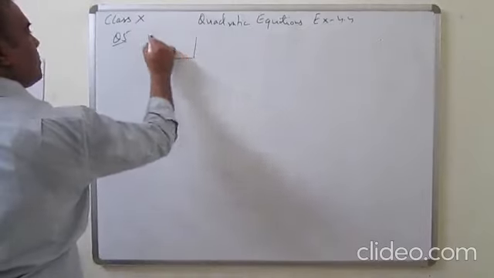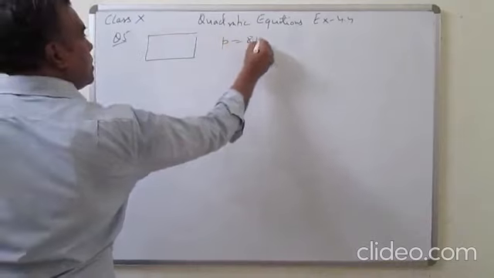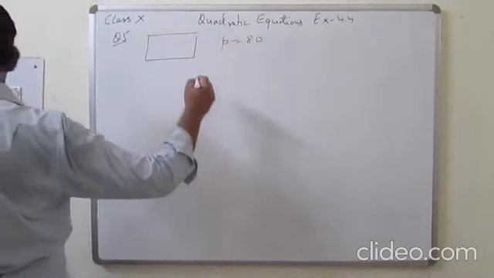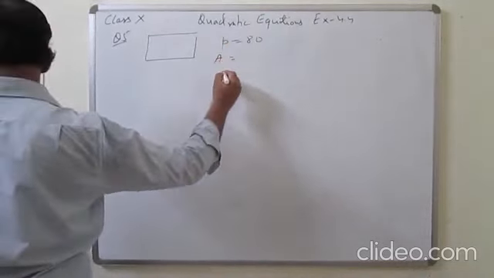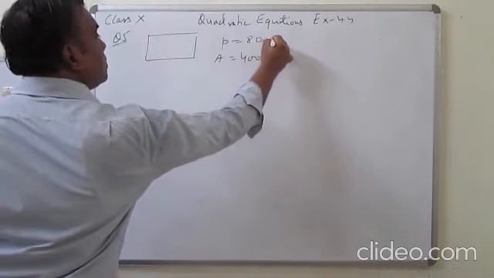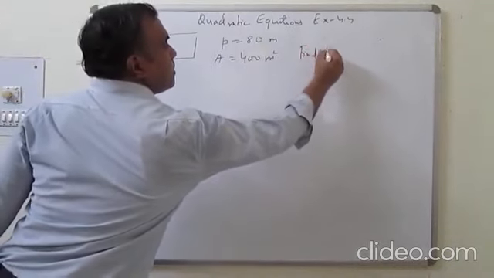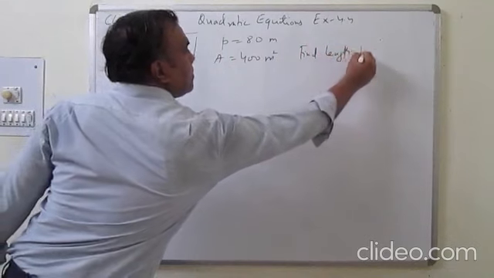There is a rectangular park whose perimeter is given to you as 80 and area is given to you as 400 meters square. Find length and breadth.